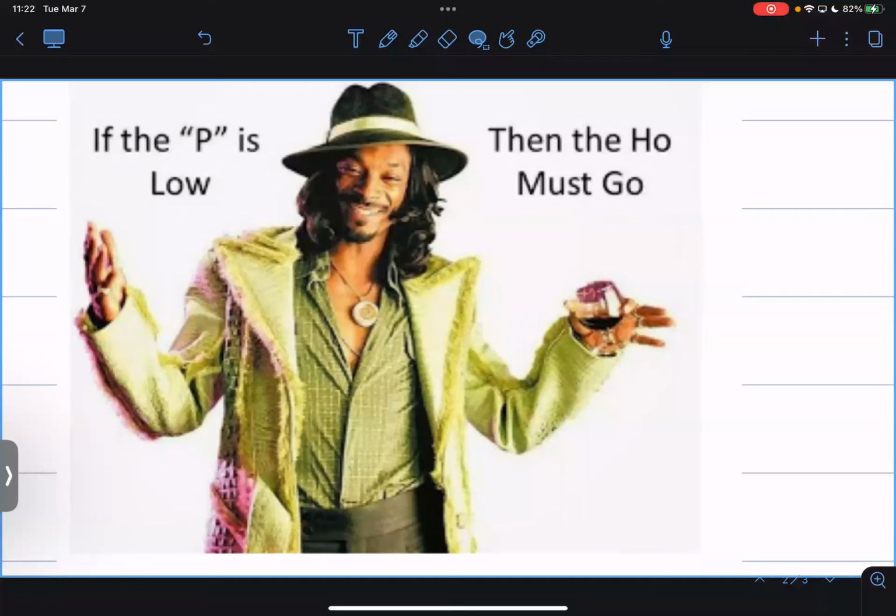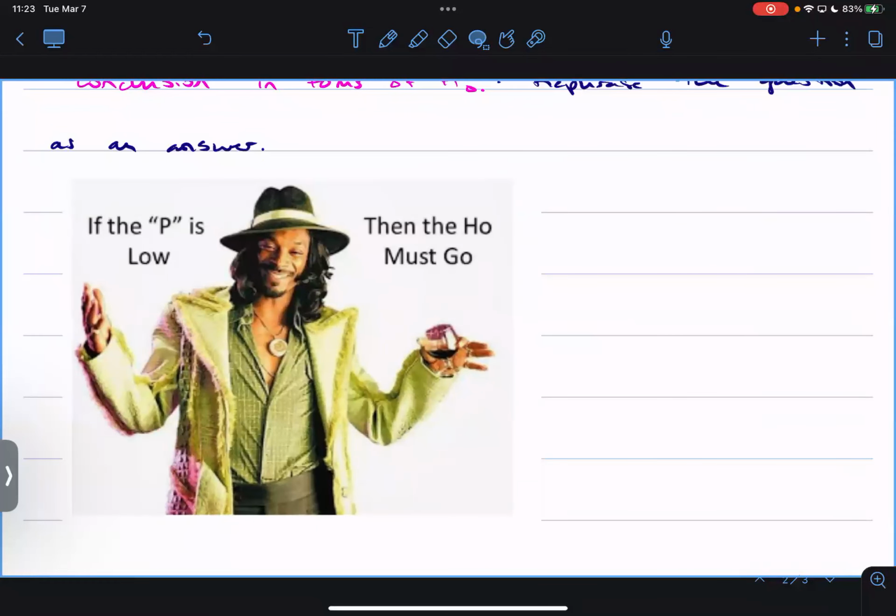If the p-value is less than the alpha level is really what it's saying, then you have enough evidence to reject H naught. But this one has a slightly catchier ring to it. And usually on the final exam, on a few of them, I'll see scribbled in the margins somewhere, if the P is low, then the null hypothesis must go. And they're like, okay, yeah, got it. So although it's a little bit passé, it is really helpful though.